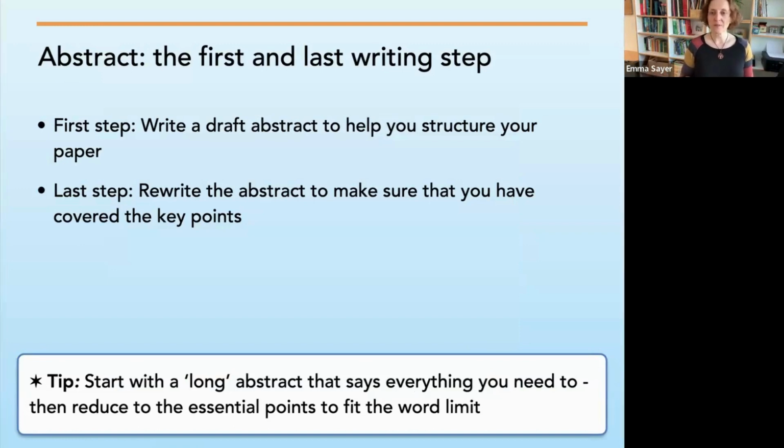We need to really find the essence of the paper and fit it into a very short piece of text. And I'm not very good at that. I'm not very good at being concise. And so I always start with a much longer abstract where I say everything I think I want to say, and then I cut and I cut again and I cut again until I'm really only left with the essential points to fit the word limit.